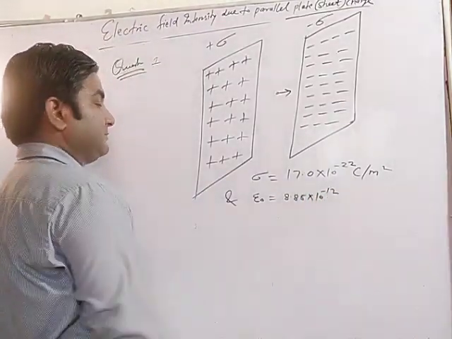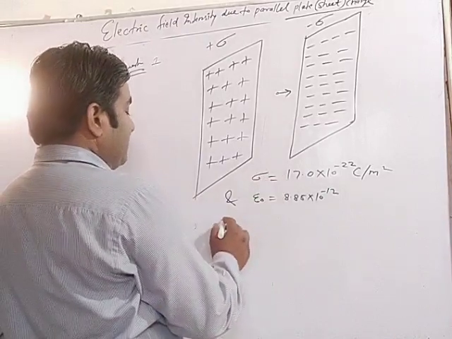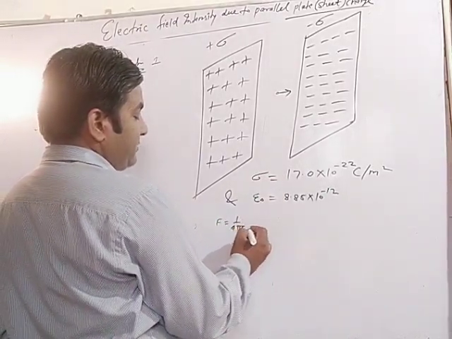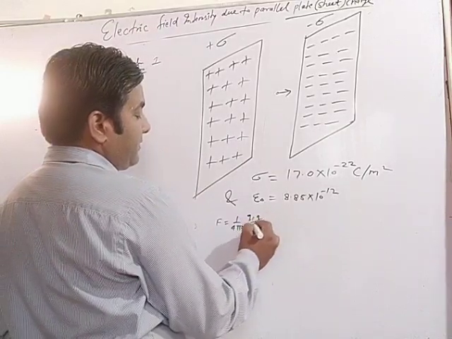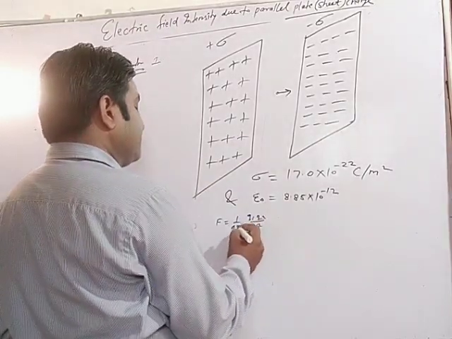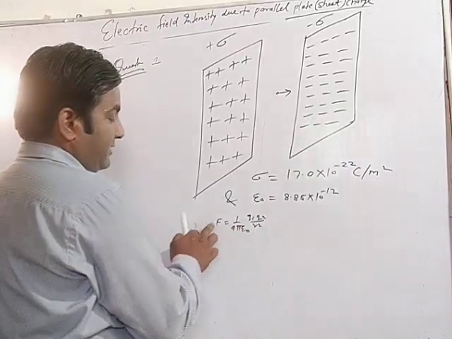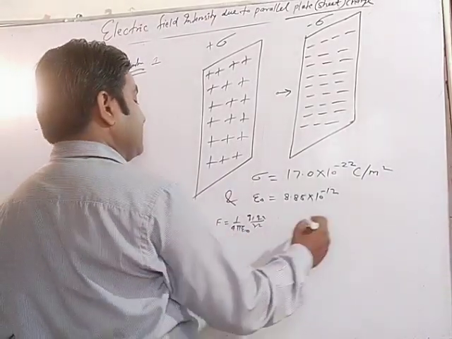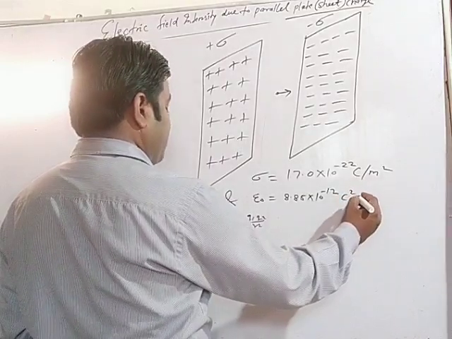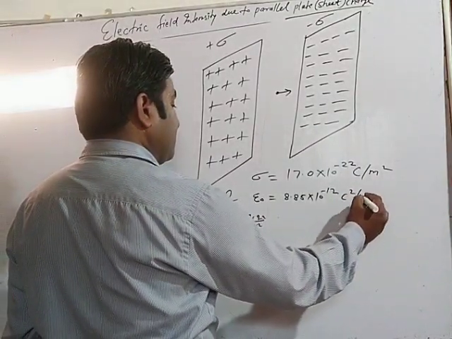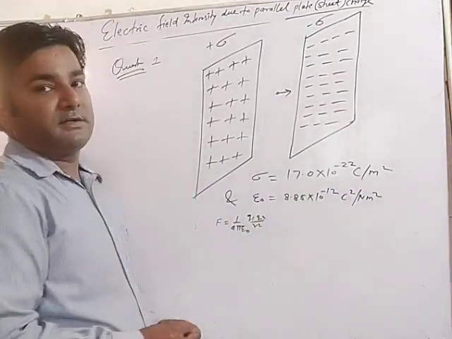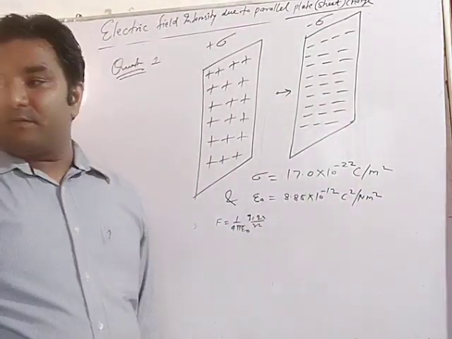The unit of this one: suppose the formula available to you, F is equal to 1 upon 4 pi epsilon naught Q1 Q2 upon R square. Then epsilon naught transfers towards left and F towards right, so the unit is coulomb square per Newton meter square. Whenever you have not learned the unit, you can find it out by writing the formula.